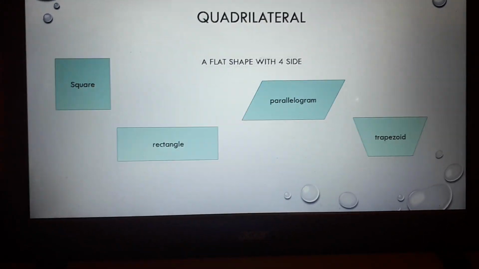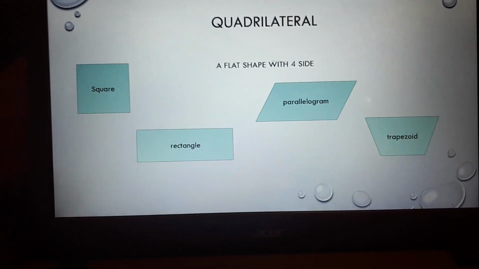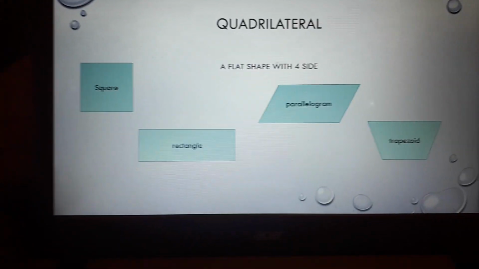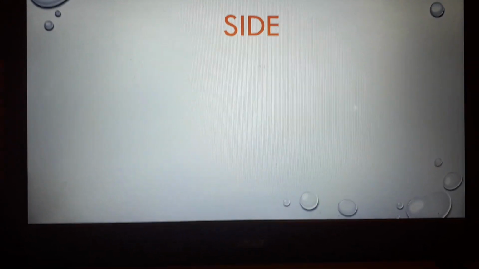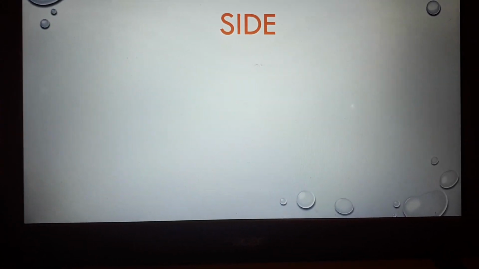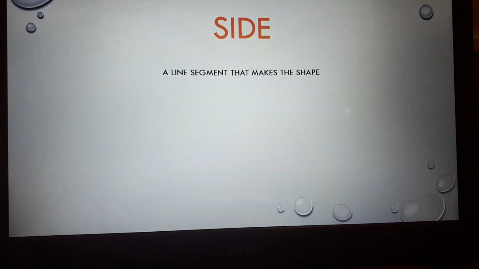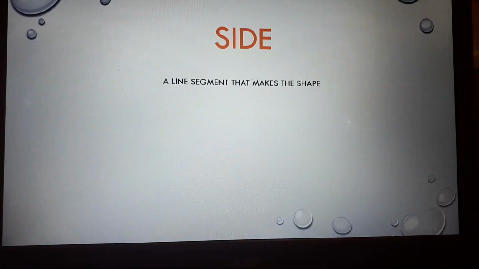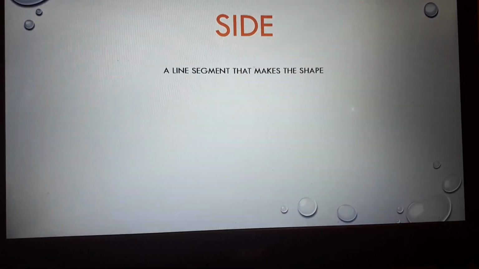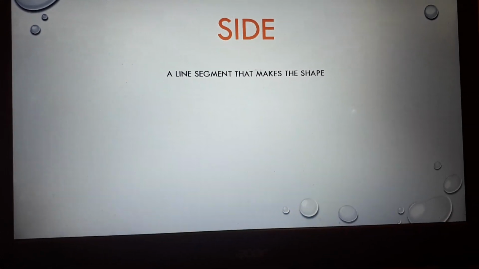Excellent. Now you hear the word side, but you didn't ask me till now what we mean by side. Let's check together. A side is a line segment that makes the shape. Now you will tell me, teacher, what do you mean by line segment? We didn't take it before, but yes, you know it. If you see the shape of the line segment, you will remember it.